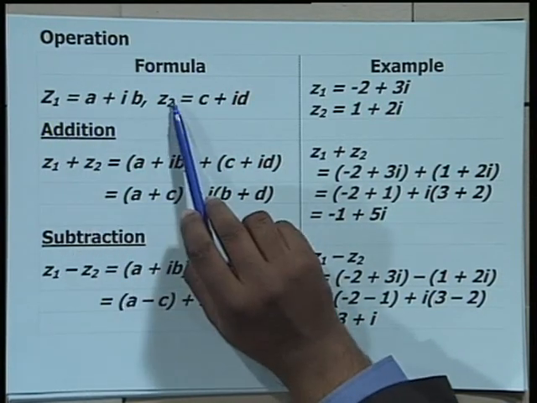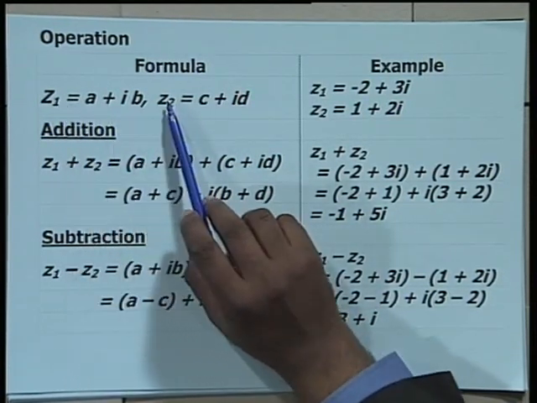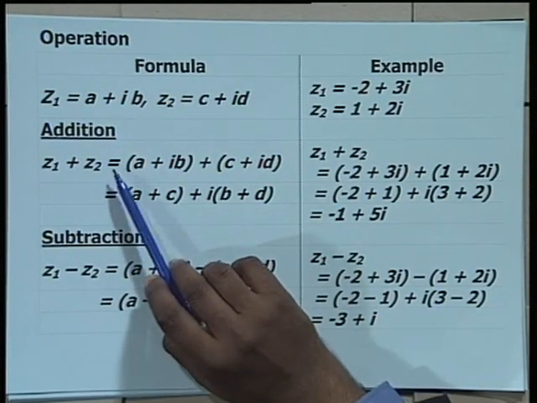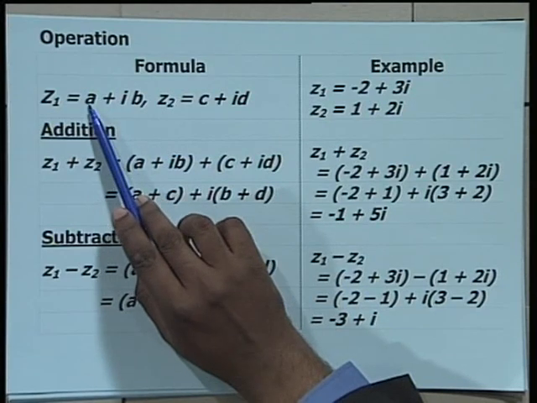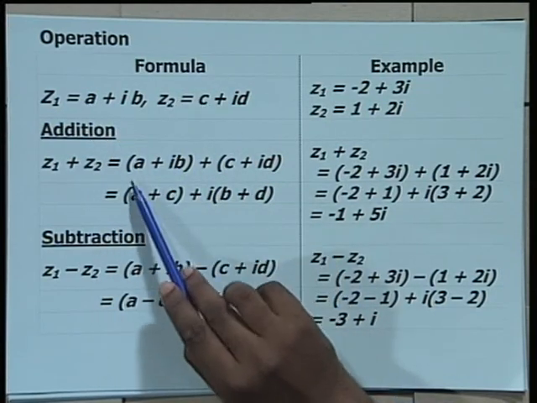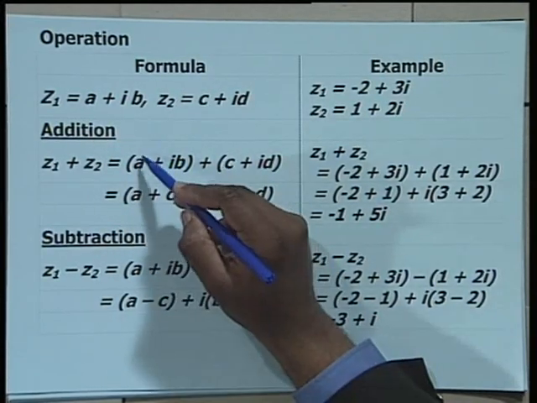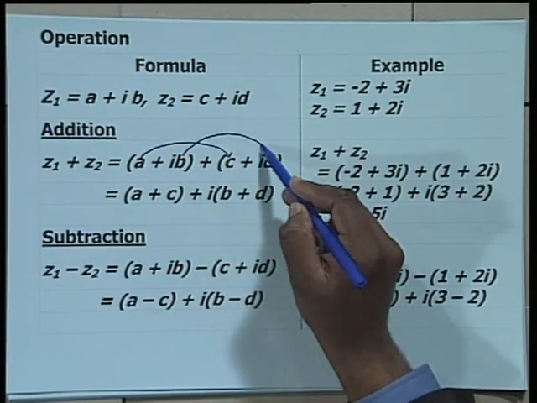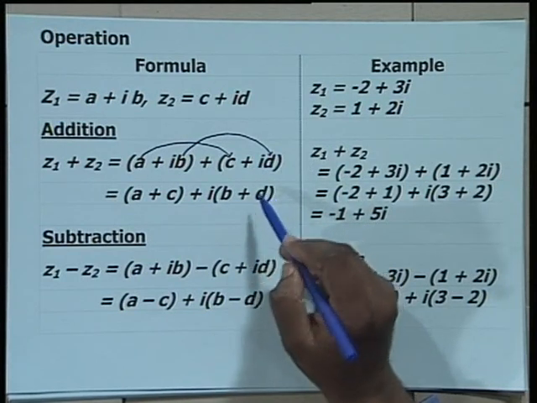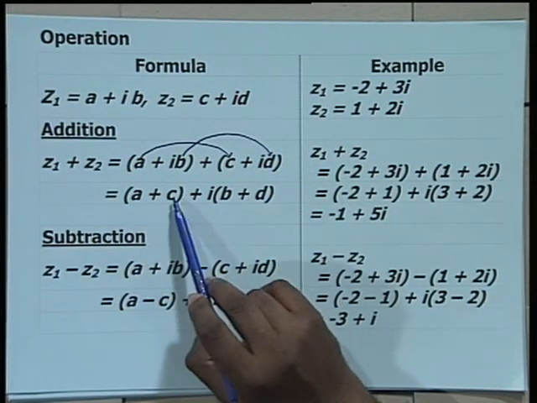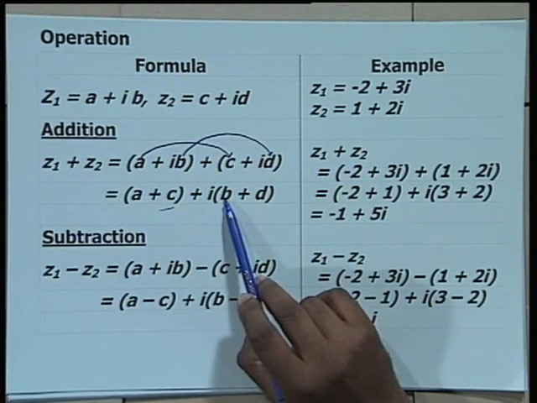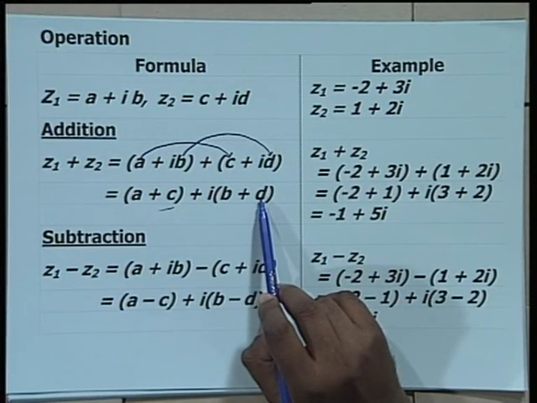To add z1 and z2, we simply have to add the real parts, a plus c, and add the imaginary parts, b plus d, so that we obtain a plus c, the new real part, and b plus d, which is the imaginary part.